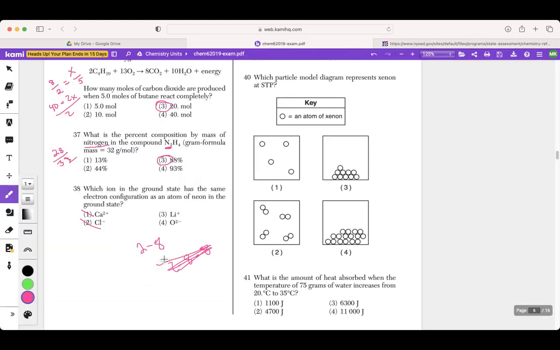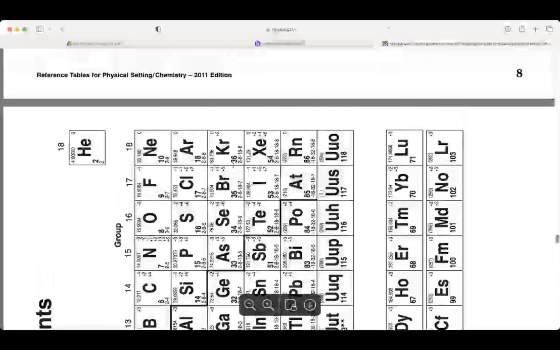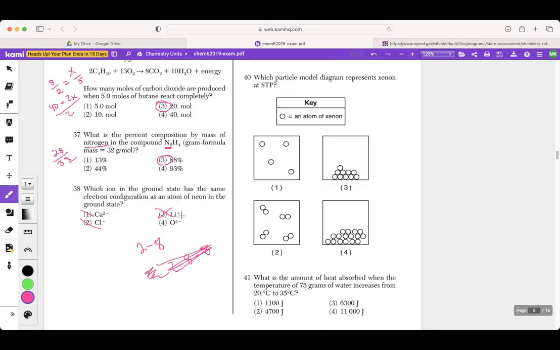So now I have an electron configuration of just 2. That can't be the case either. Oxygen 2 minus. Oxygen is electron configuration of 2-6. If I added those 2 electrons, I would get electron configuration of 2-8, which is perfect. That is our choice.